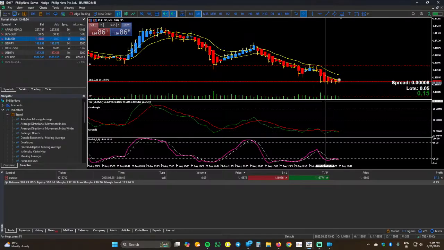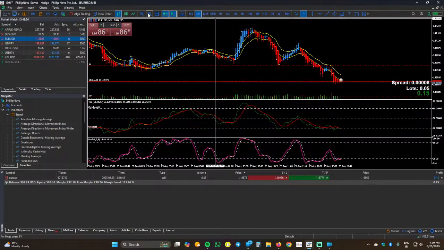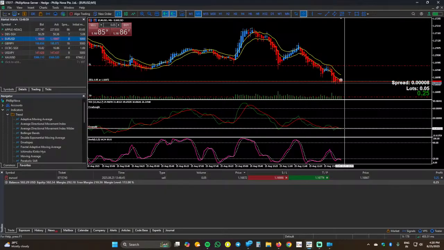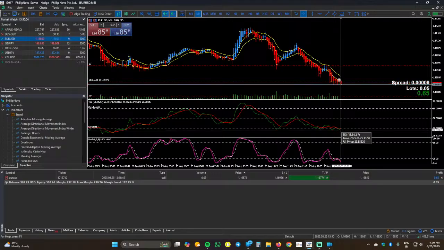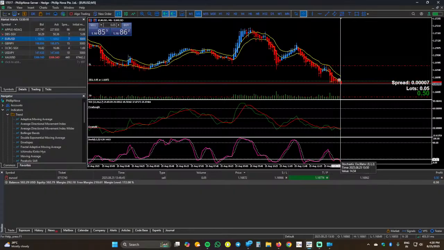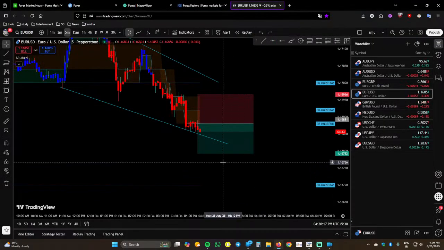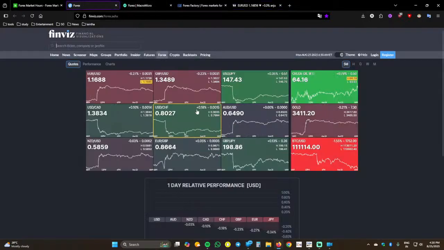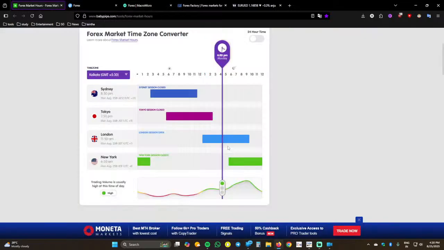And one more thing I need to mention: I did not look at any of these indicators. First of all, my TDI is not giving me a clear signal, so this trade is not based on the TDI. And my stochastic is also not giving me a good indication that this will go lower. I'm taking this trade only based on the fact that we have a stronger dollar and a weaker euro, and we have the market timing in our favor.